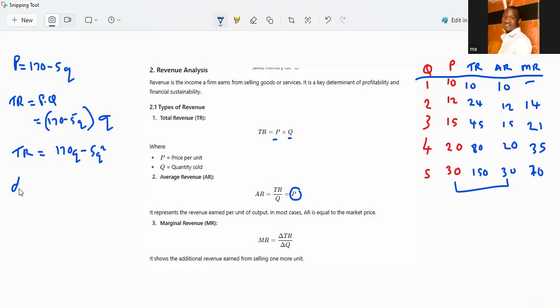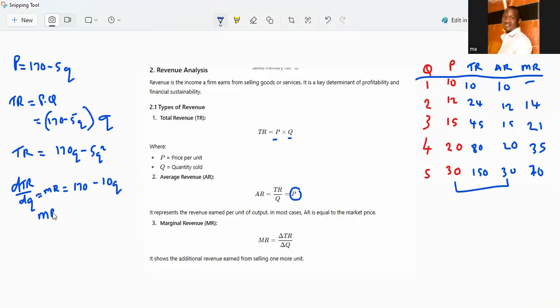When we differentiate the total revenue with respect to quantity, we call this a marginal revenue. The marginal revenue in this case is given by what? 170Q is 170. 5Q squared is 10Q. So this is how we find our marginal revenue.